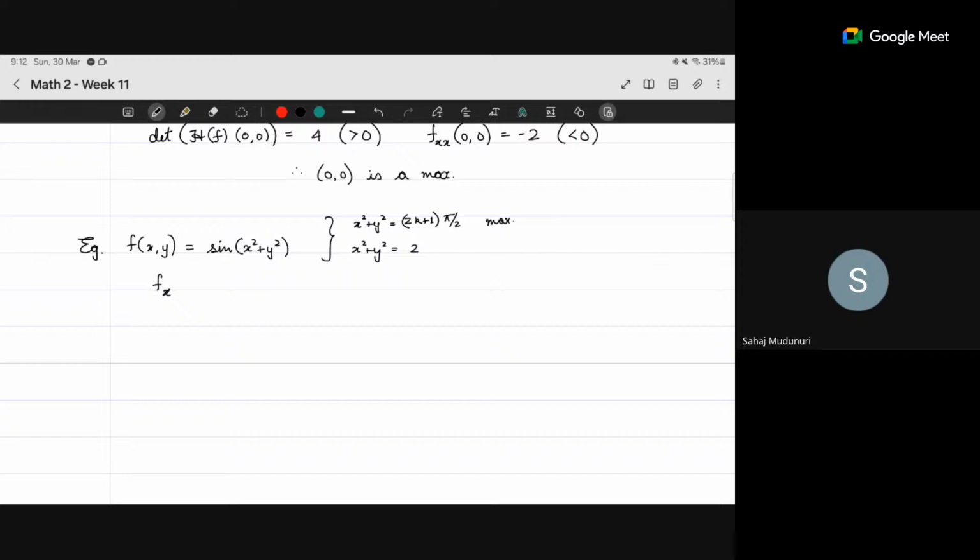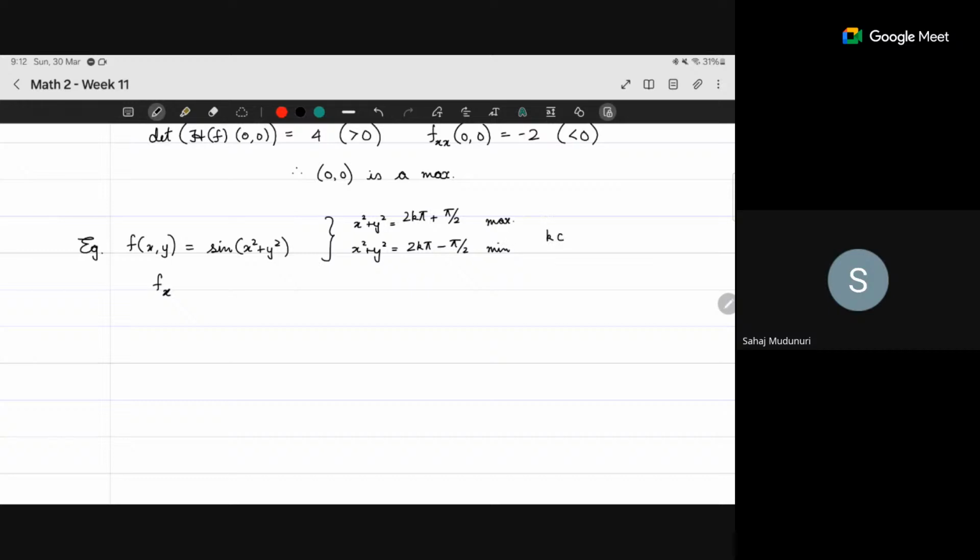Minus 3 pi by 2 won't work because x square plus y square will never be negative. So it's actually 4k minus 1 times pi by 2, or I can just write it as 2k minus pi by 2, and this I expect to be a minimum.